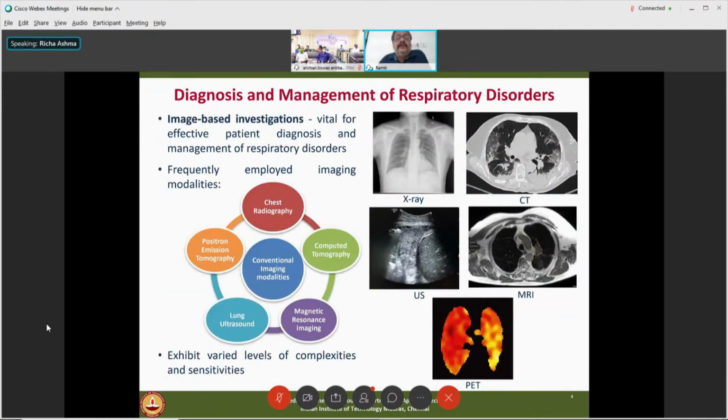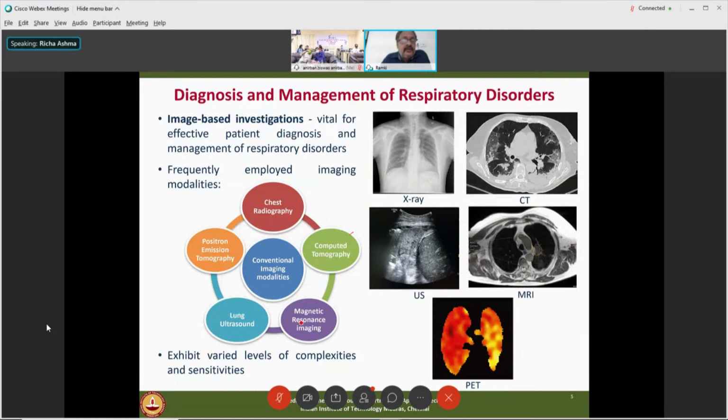Now, for diagnosis and management of respiratory disorders, look at the imaging options. What are the imaging options we have? These are the frequently employed ones. It starts with chest radiographs, then computed tomography, and then magnetic resonance imaging.